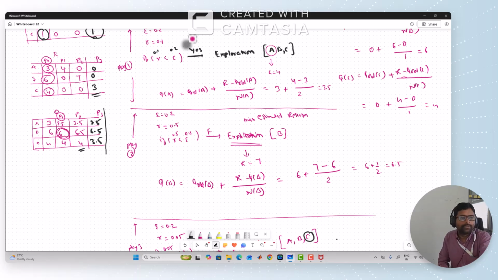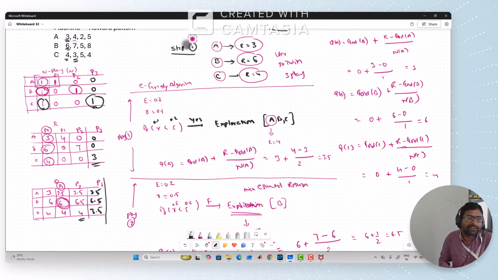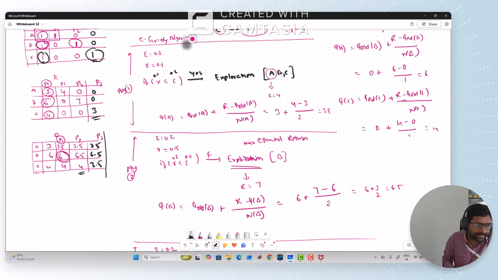This is how the updated Q table, updated reward table and updated N table look. Now I want to calculate total returns. So what total return did the player get as per your epsilon-greedy algorithm? He got 4 rupees in the first play, 7 rupees in the second play, 3 rupees in the third play.